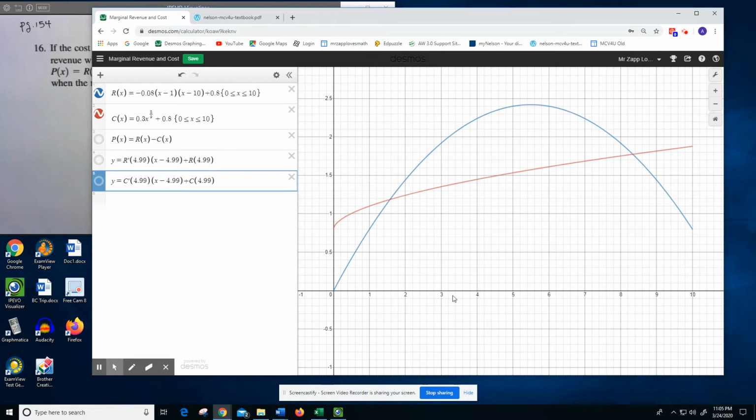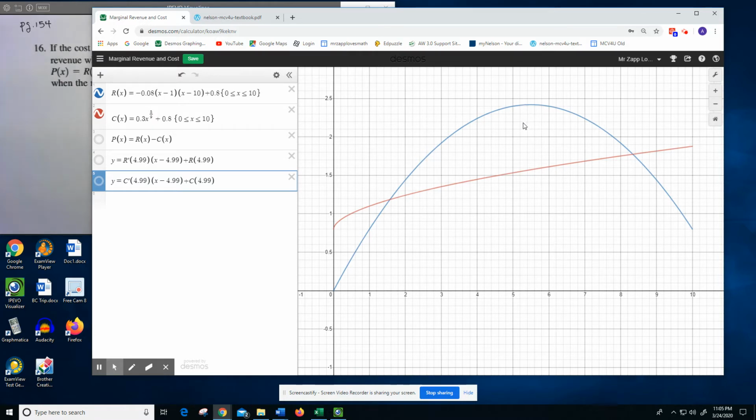When you think about it from a geometric sense, the difference between these two functions at any one point is just going to be the length between the two points, the distance between the two points. So the largest profit will be wherever the distance between the two functions is at the greatest.